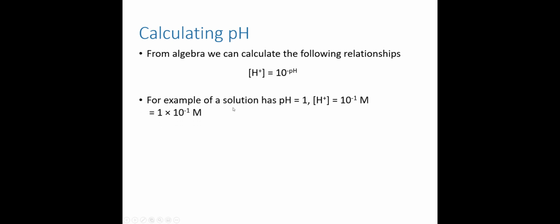So for example then, let's say we have a solution with a pH of 1. If we want to find the proton concentration, that would just be 10 to the negative 1, which could be rewritten as 1 times 10 to the negative 1 molar. We always want to get these powers to be an integral power.